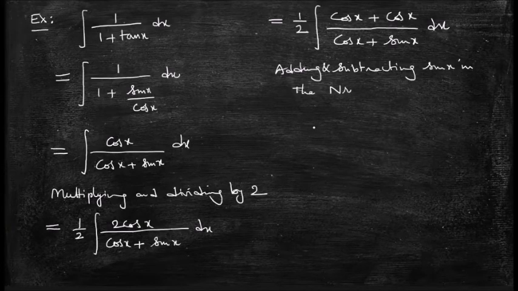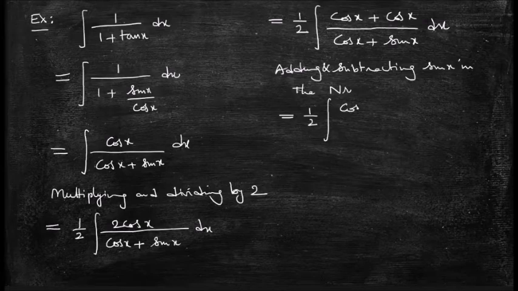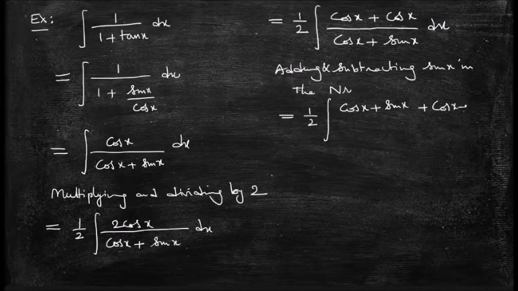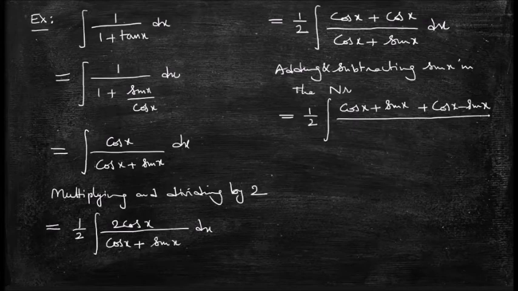I'm adding and subtracting sin x in the numerator, so it becomes half times integration of (cos x plus sin x plus cos x minus sin x) whole by (cos x plus sin x) dx.